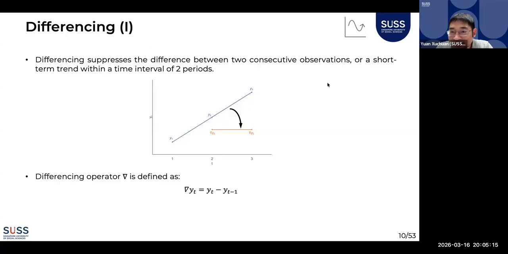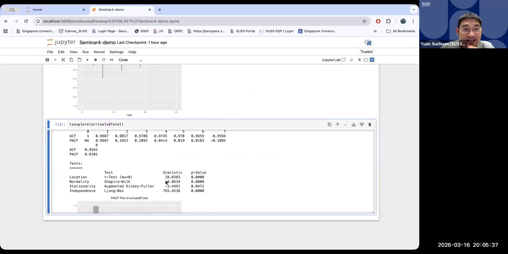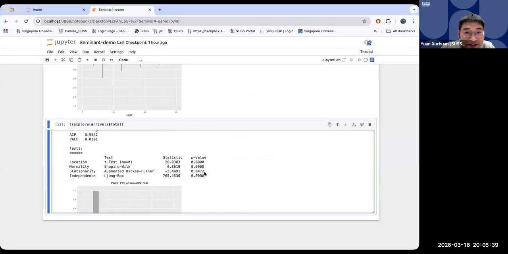Okay, Nicholas, you mentioned the stationary test is significant. Stationary test, you mean the ADF, right? Let me go back to see the arrivals. Let's look at stationary. Here remember this ADF test. The null hypothesis is there exists a unit root.